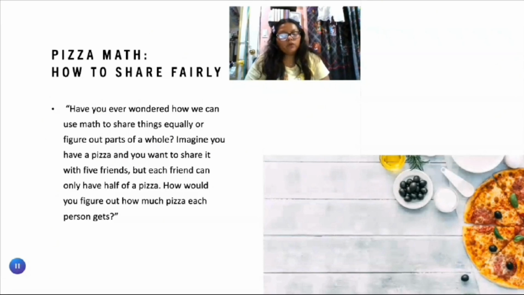Clue 3. Since you can order half a pizza, round up to the nearest whole number. In this case, you will need to order 3 pizzas to ensure everyone gets enough. Yes? Correct. It's 2.5. But how did we get 2.5?